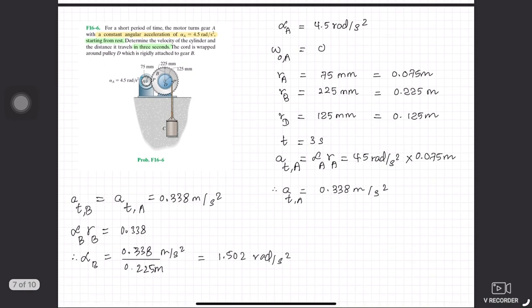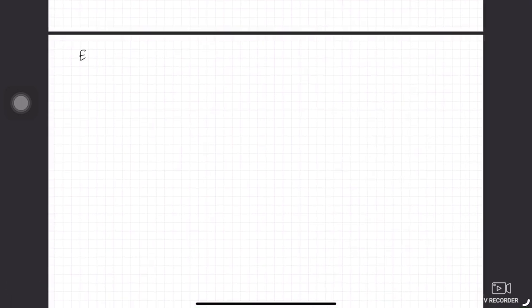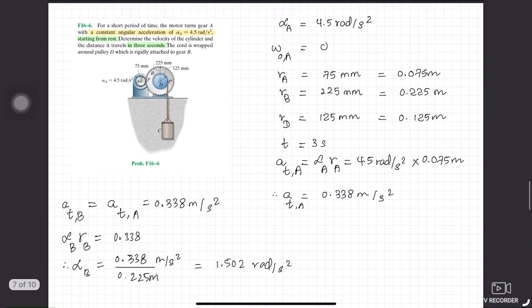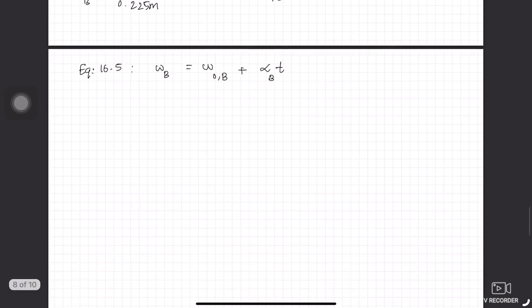From this information of alpha B, we can find omega B and theta B of gear B. So we will use equation 16.5 as always: omega B equals omega naught B plus alpha B times t. From the given facts, we know gear A is initially at rest, so gear B is also at rest, and that's why we put the initial velocity of gear B at 0.